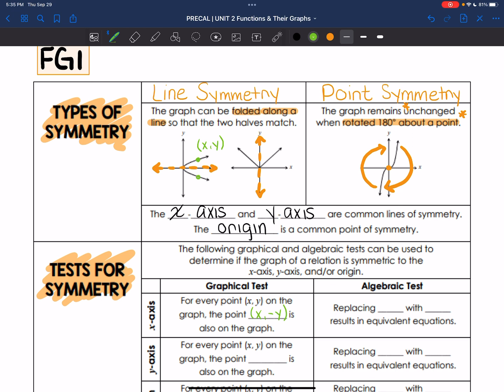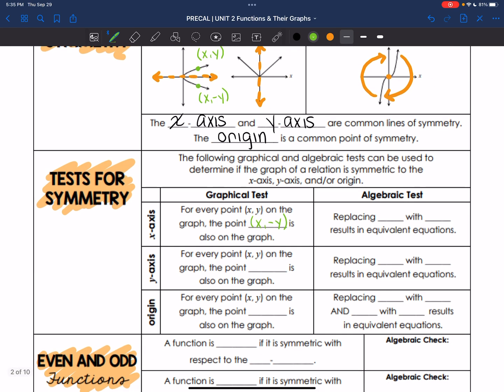And right down here reflected is the point x and the opposite of y, the negative value of y, but the same distance away from the x-axis. And so how do we test that algebraically? We can replace y with the opposite of y, and it will result in the same equation.